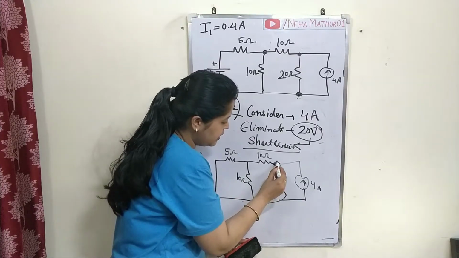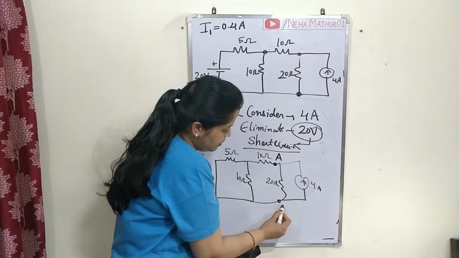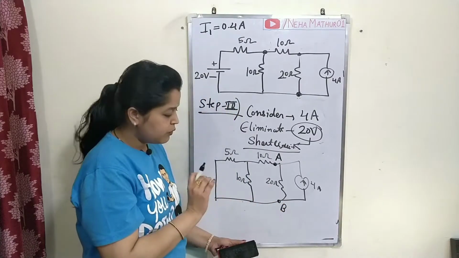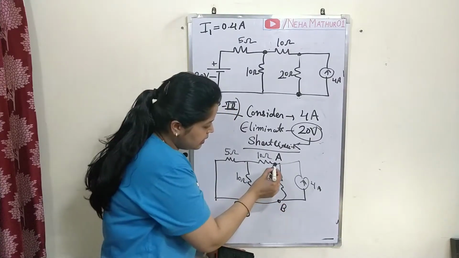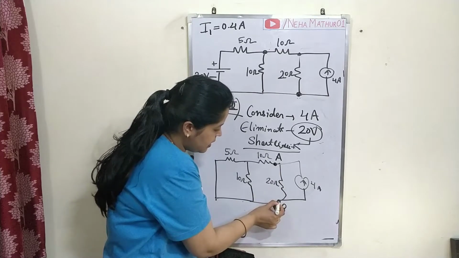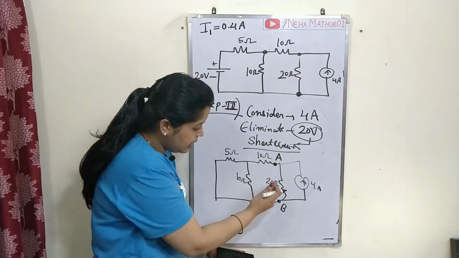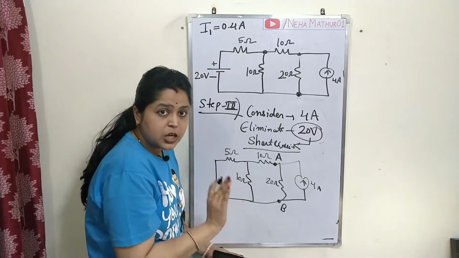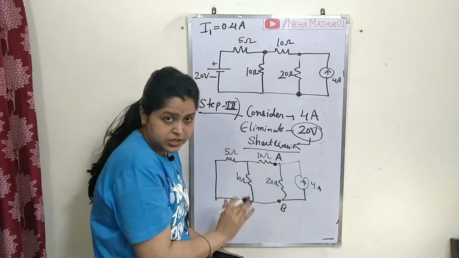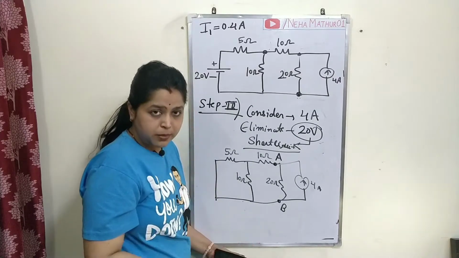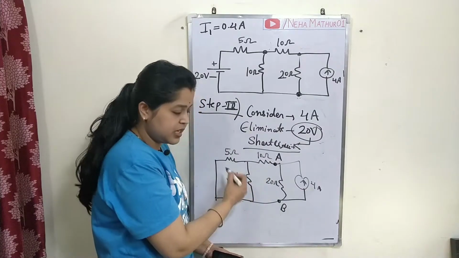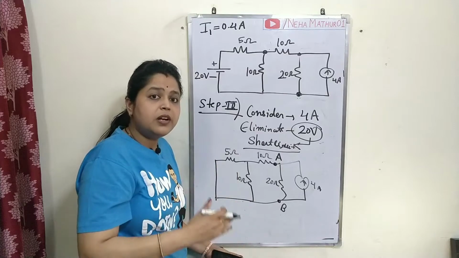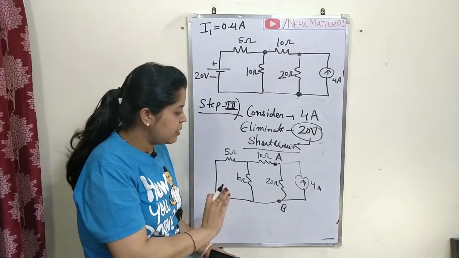The first point here is A and the second point here is B. Now what I am observing is that the left part of these 2 points is just a combination of a number of resistances.